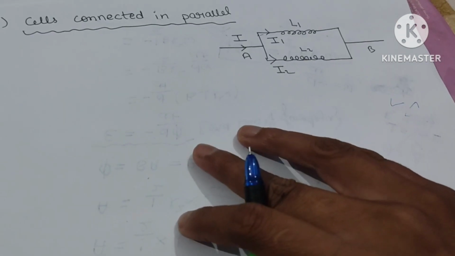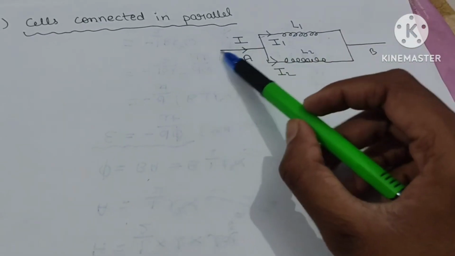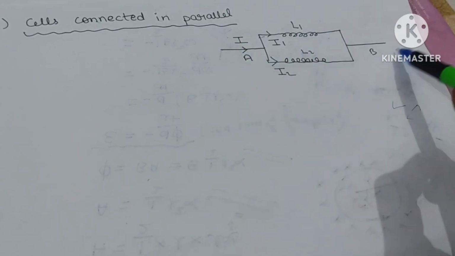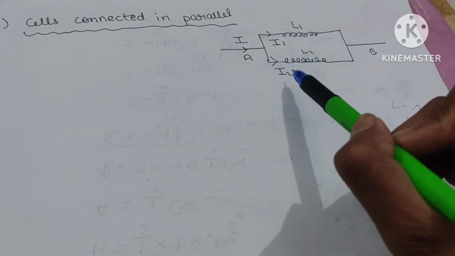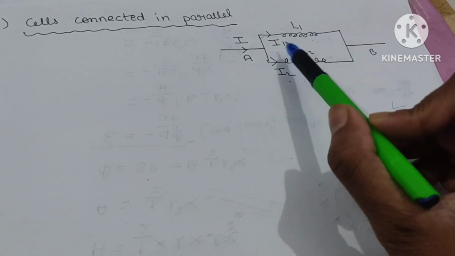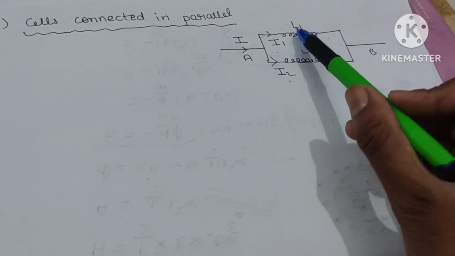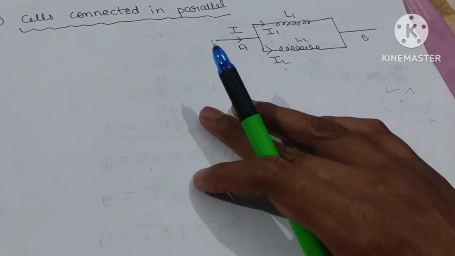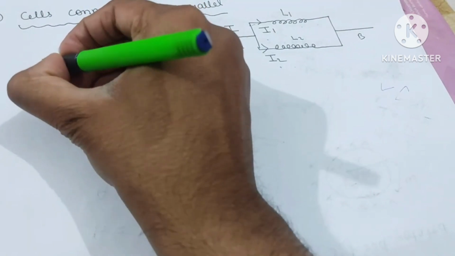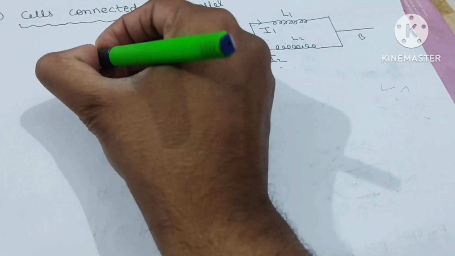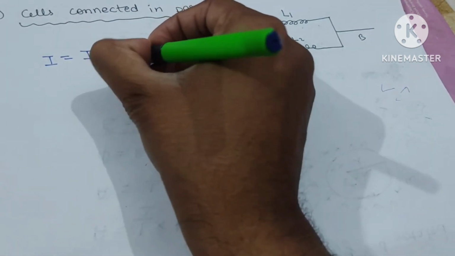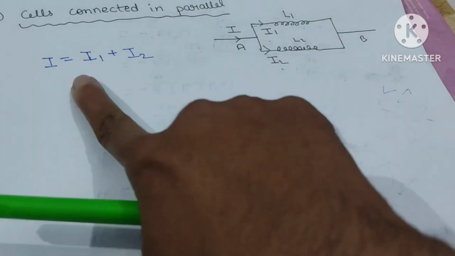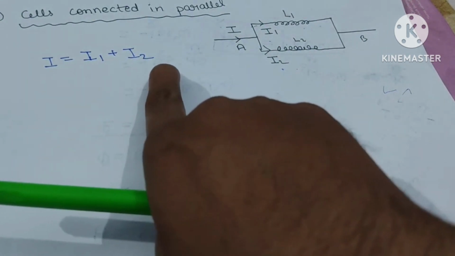If we pass the current I from A to B, the current will divide into I1 and I2 through L1 and L2 respectively. Since these are in parallel, the total current I is equal to I1 plus I2.